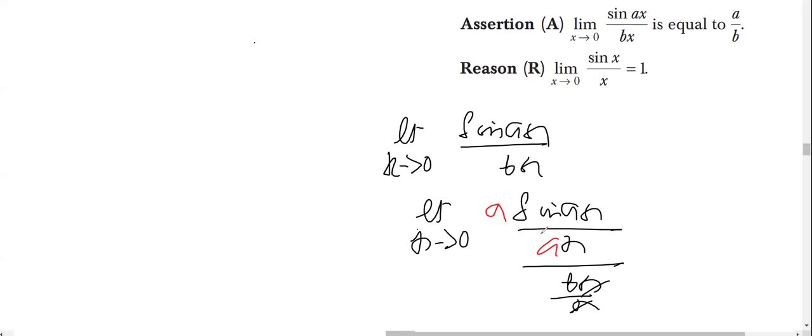Clearly this part is going to give you 1, and below there is b. So it is actually a by b, that is equal to a over b, and that is what the assertion says. What we applied is sin x by x is equal to 1, so it's a correct explanation as well. So A is the correct option in this case.